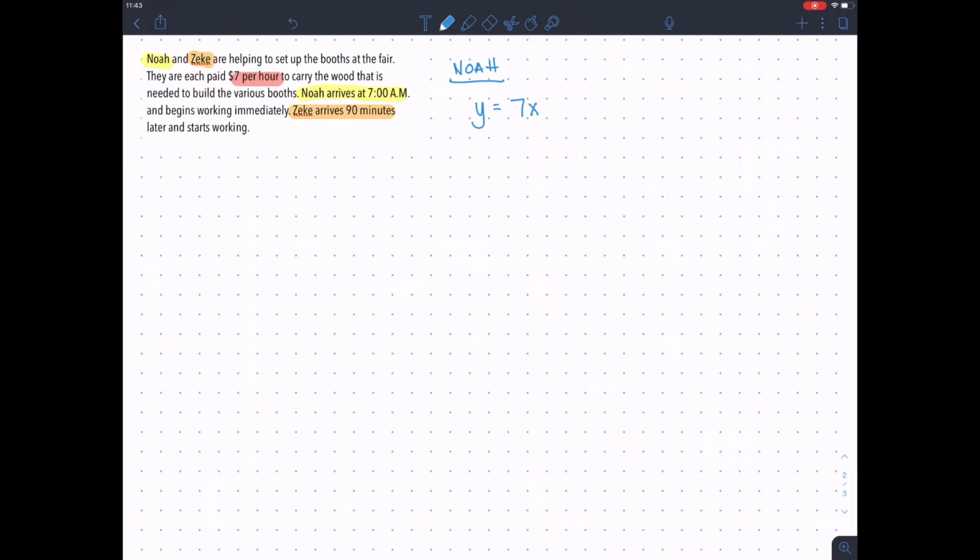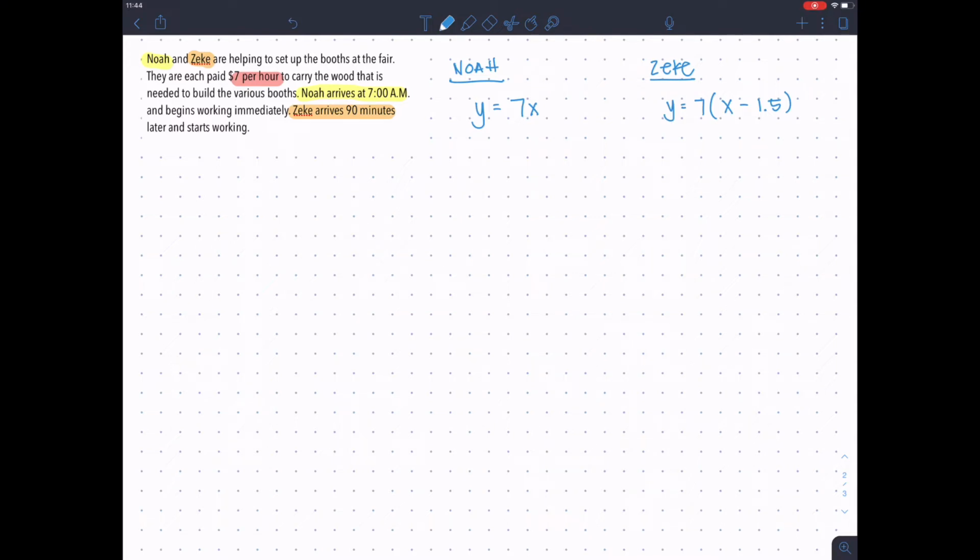And then we have Zeke, and Zeke's equation will be y equals 7 times x minus 1.5, because he comes 90 minutes later.